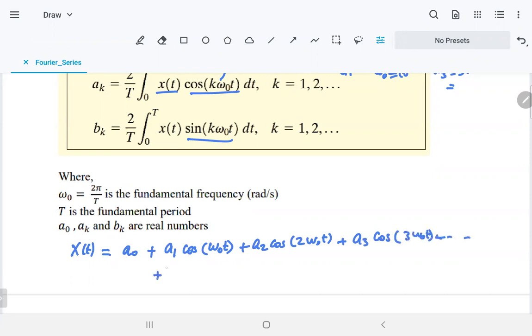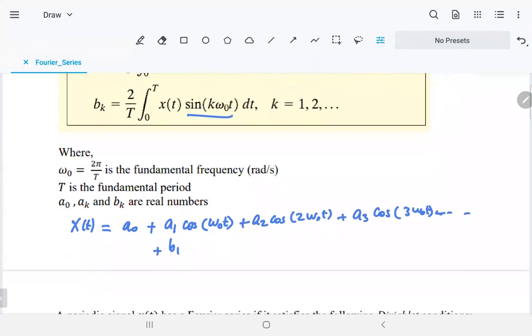Then you start B1, which will be the same: sine omega naught t plus B2 sine 2 omega naught t plus B3 sine 3 omega naught t. That is the meaning of the main formula given for your series: the average, cosine terms, sine terms, and you add them.